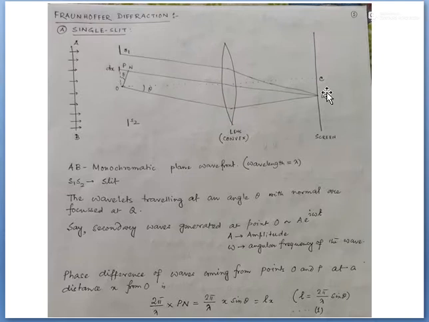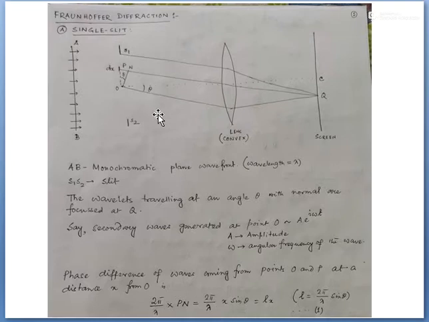Okay, so that amount of phase difference is basically twice pi by lambda times the perpendicular, that is the excess distance covered by this ray, that is Pn. So if you consider that this length PO is x, then this will be twice pi by lambda x into sine theta.